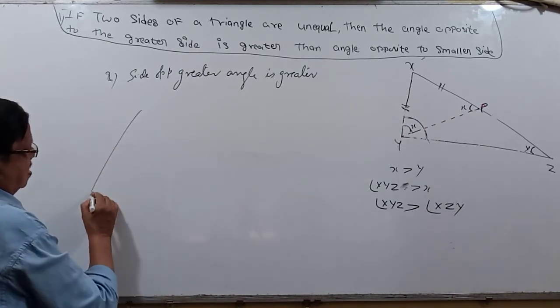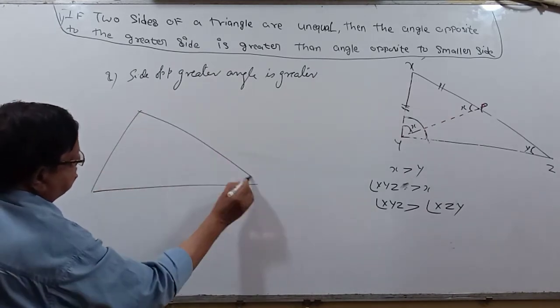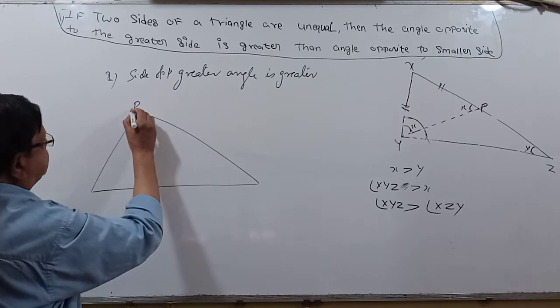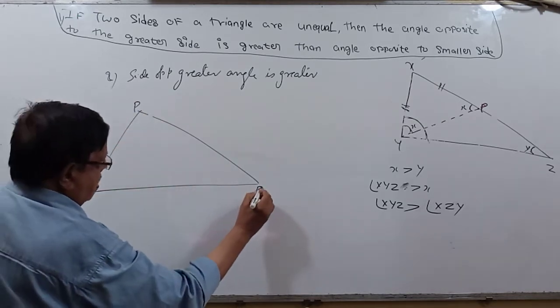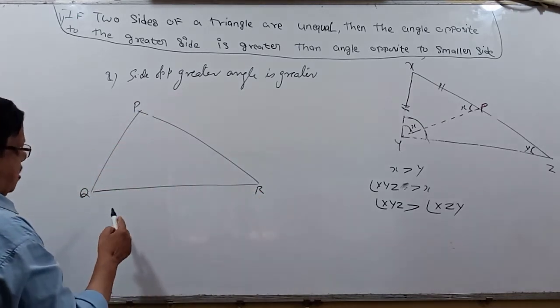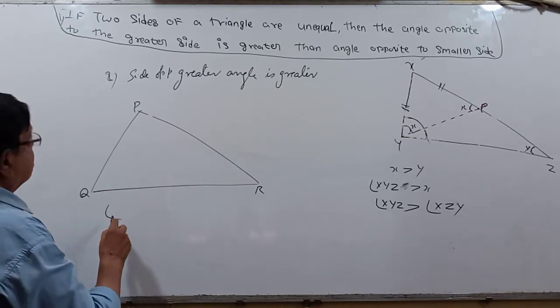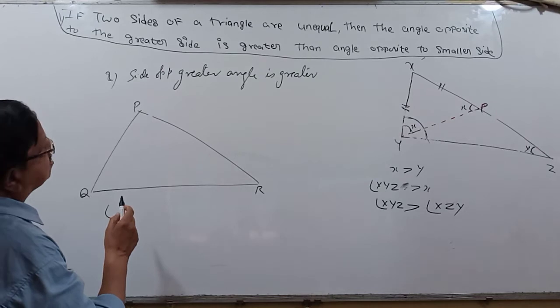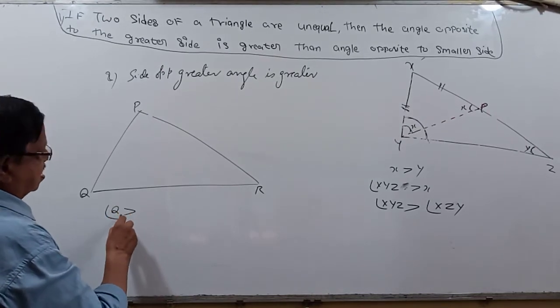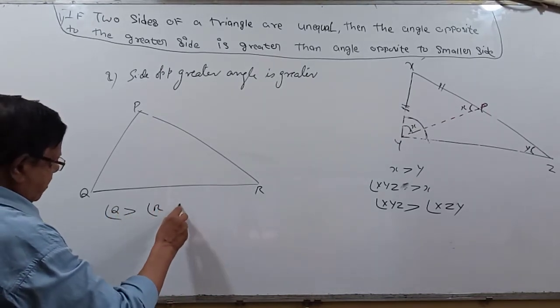Now, suppose we say like this. We have angle Q is greater than angle R, given.